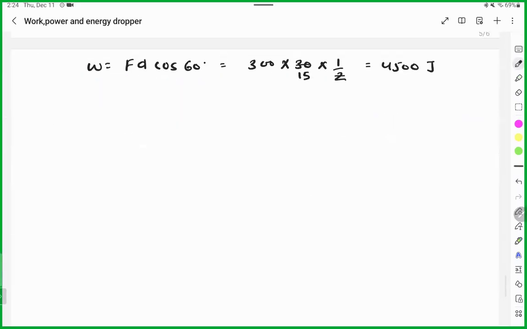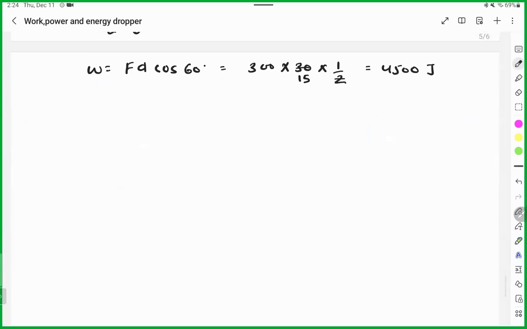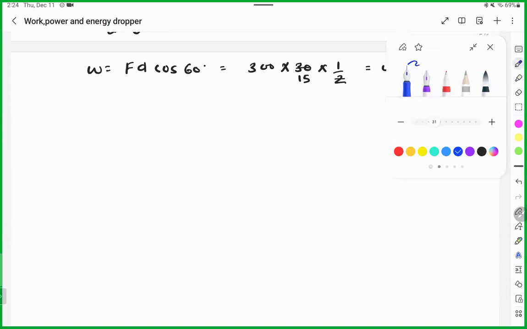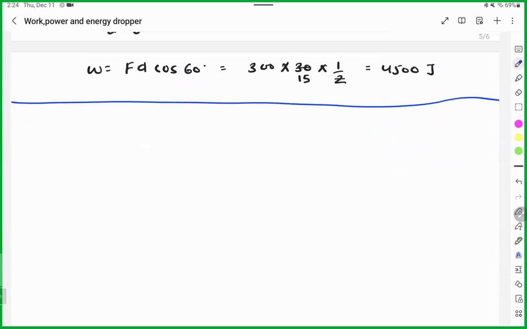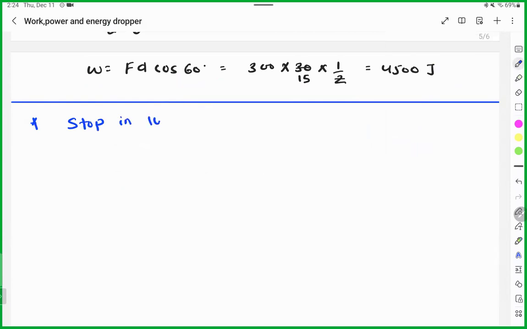So, next question. A cyclist comes to a skidding stop in 10 meters.